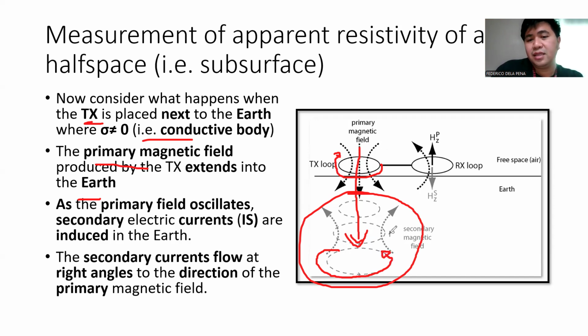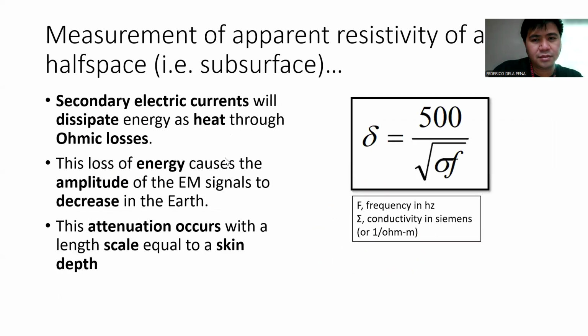And it will also generate a magnetic field that's going to oppose the primary magnetic field. So again, we lose energy to conductive losses or ohmic losses, and this attenuation is related to skin depth. We already discussed that.